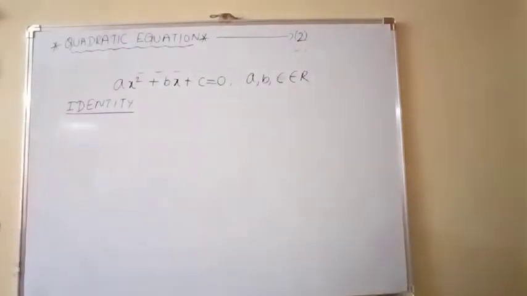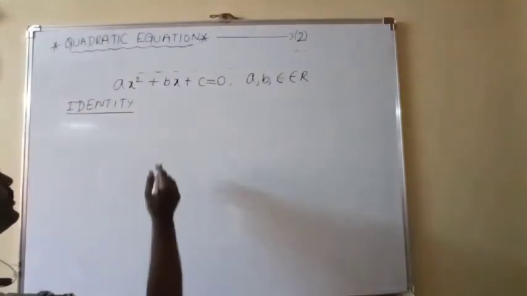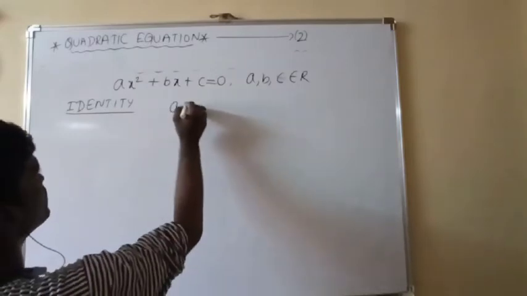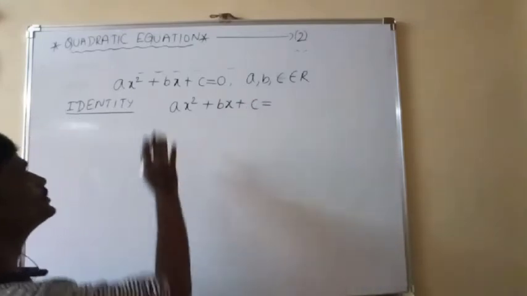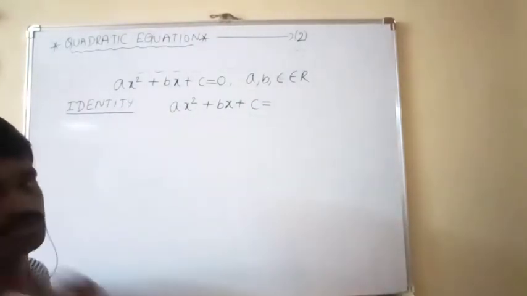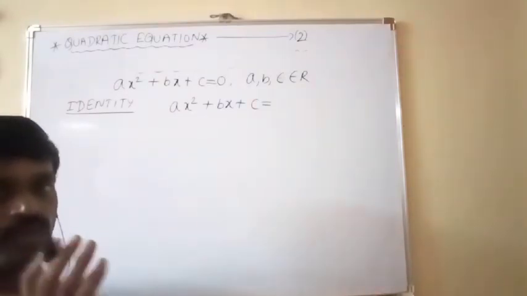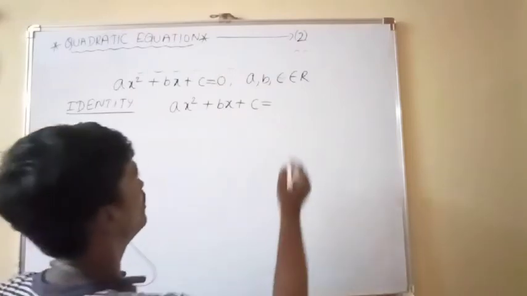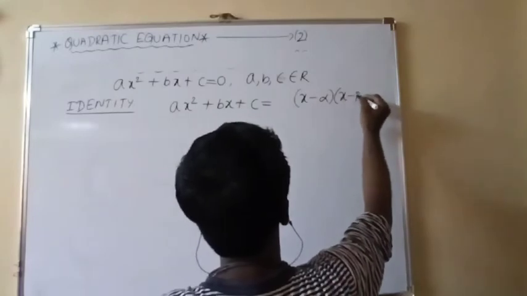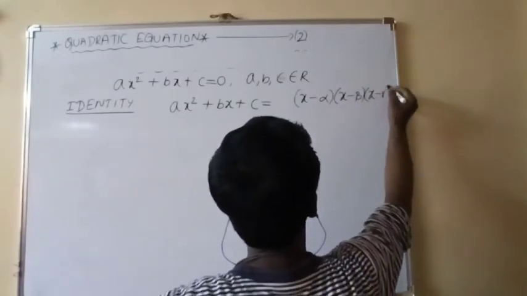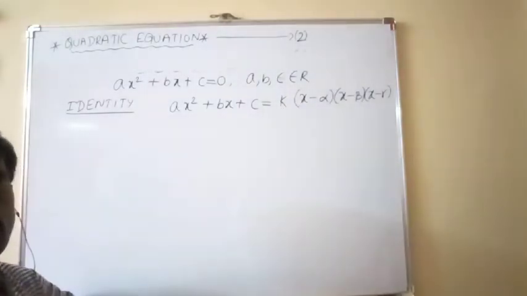If it has more than two real roots, say for example three distinct real roots, let them be alpha, beta and gamma. Then by the factor theorem, the factors are x minus alpha, x minus beta, x minus gamma, multiplied by some constant k.